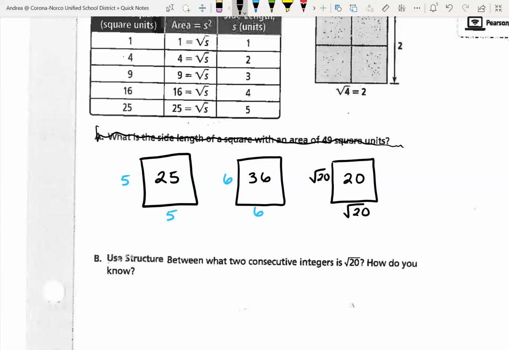If on my calculator I put in the square root of 20 times the square root of 20, I would get an answer of 20. But we really don't know what the square root of 20 is, correct? We do need to simplify the square root of 20, which is what we're going to be working on right now.